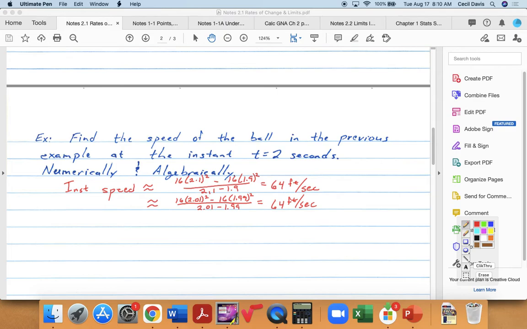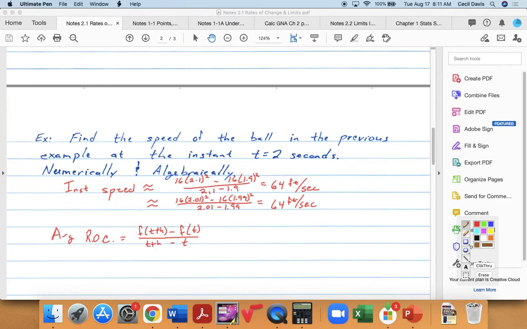All right. Well, let's do this algebraically. You're like, how in the world are we going to do this algebraically? Well, remember our formula for the average rate of change, you don't need to write this down: f of t plus h minus f of t, over t plus h minus t.